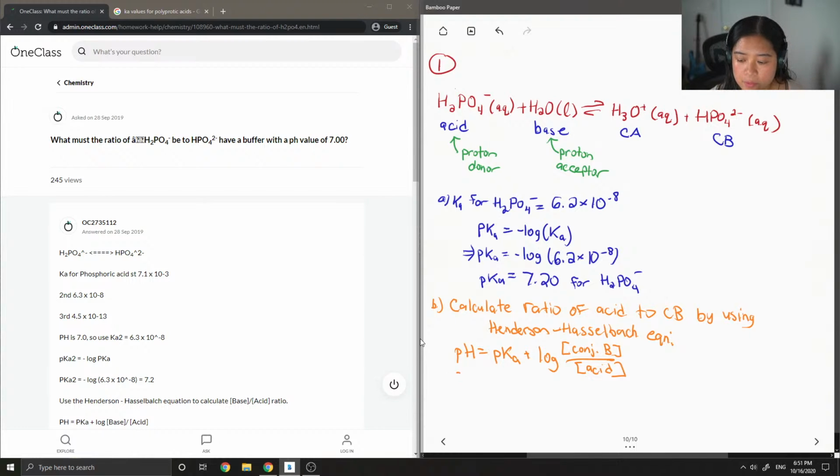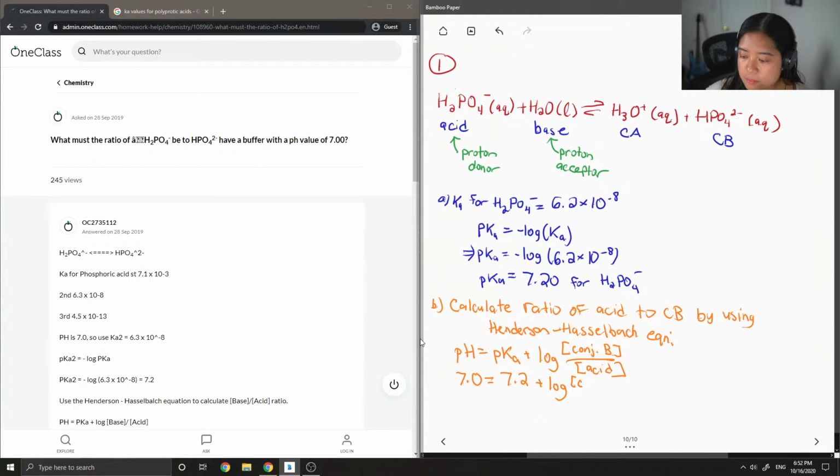We want to have a pH of 7. We calculated the pKa to be 7.2. And then, since we're just looking for the ratio of H2PO4 minus to HPO4 2 minus, which is our acid and conjugate base, I'm just going to leave these as is.